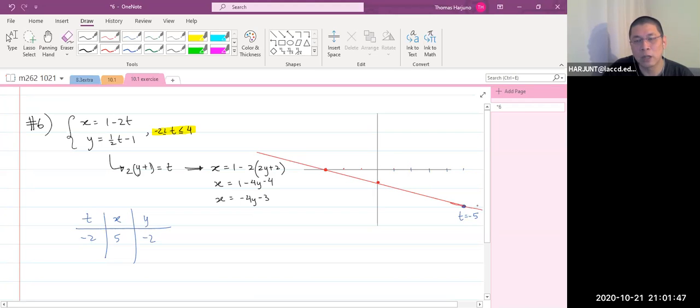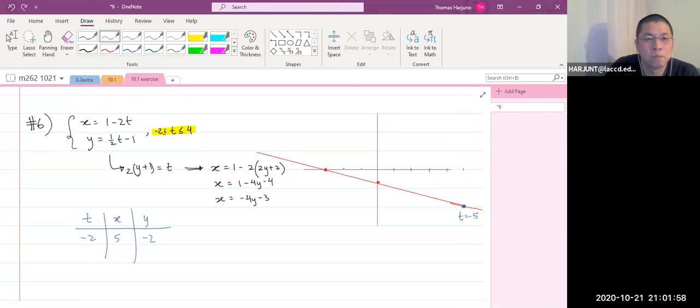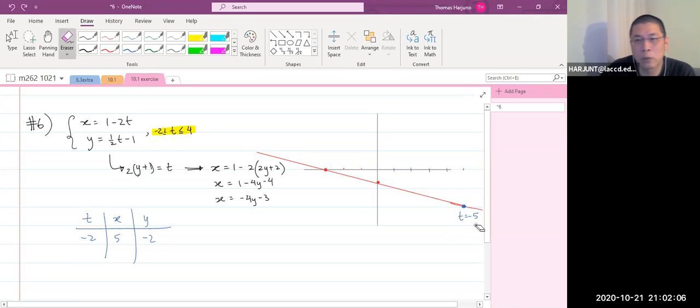The one in red is the full line. Later on, I will try to find the section just for this domain of t. Okay? t equals -2, oh yeah, that's right. Why did I write -5 there? t equals -2.